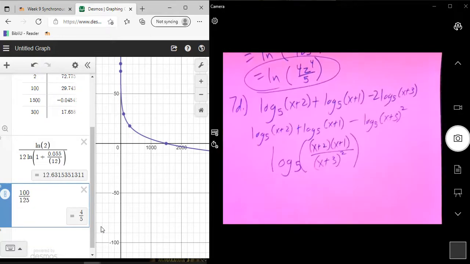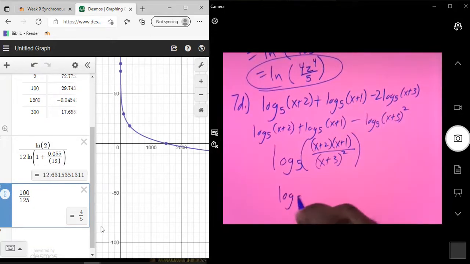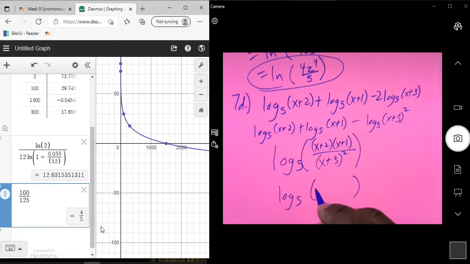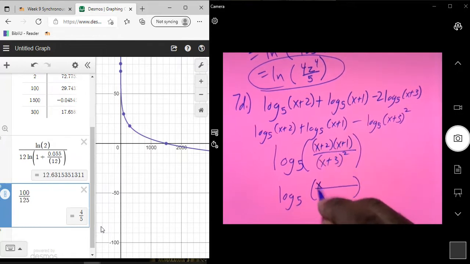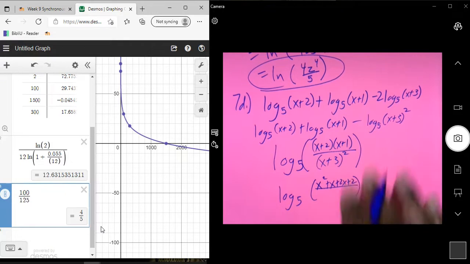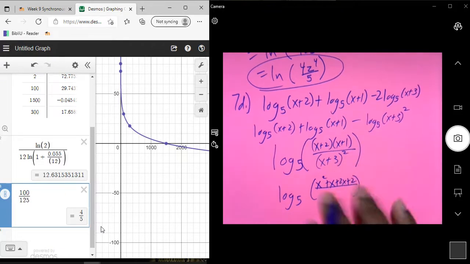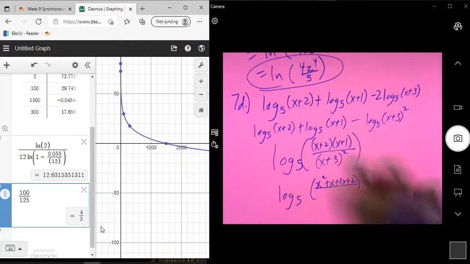All right. Now we multiply. X times x we know is x squared. X times 1 is x. 2 times x is 2x. And 2 times 1 is 2. That took care of our numerator. We do have to combine like terms, but that's fine.